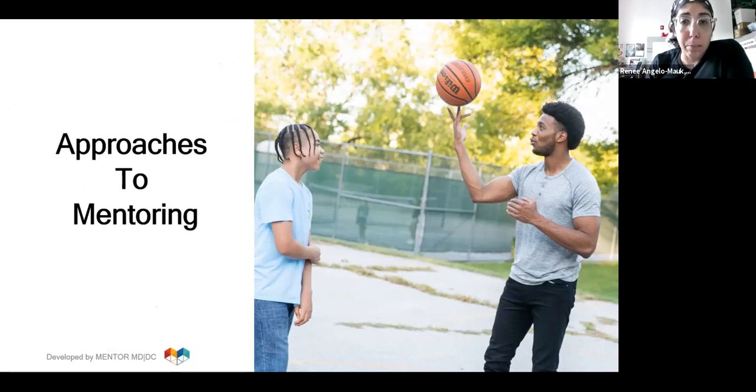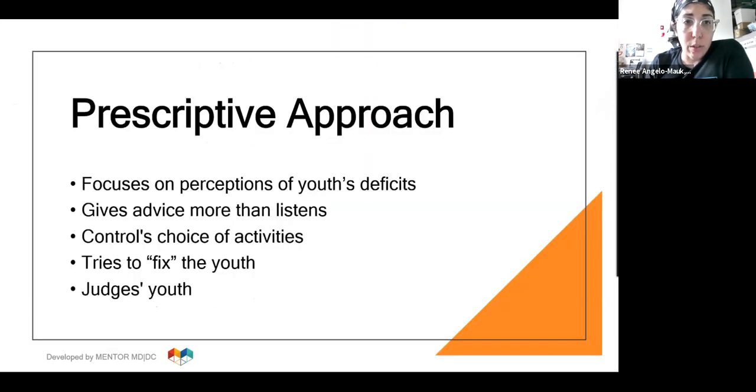Approaches to mentoring. And again, you might have your own specific approach to talk about here, but we're going to talk about some general approaches. What to avoid and what to do. So the prescriptive approach, this is also a form of saviorism, which we will talk a little bit about later. It's kind of that idea, there's something wrong with you and I'm the doctor and I'm here to fix it.